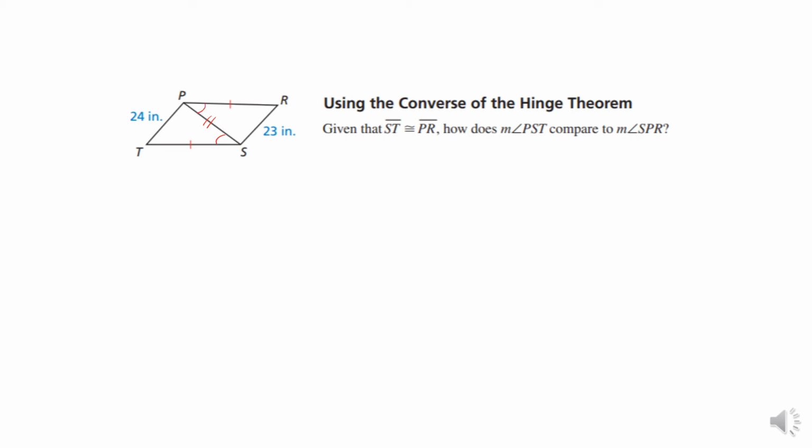Then we're going to look at this side, PT is bigger than RS, so that means that angle, and we're going to have to give it 3 letters to name it because it could be more than one thing. So this is PST, so the measure of angle PST is going to be greater than the measure of angle SPR. Okay, because those are our angles that we're talking about.